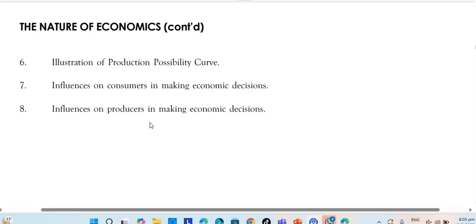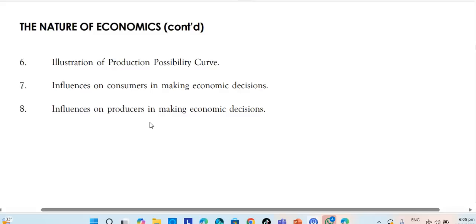Producers have to make a decision on what to produce. Usually, producers focus on goods or services that are in high demand. Because once your good is in high demand, most definitely you'll have to produce more, and there's a possibility that you're going to raise the price for the goods.